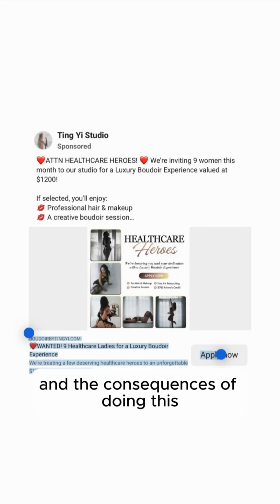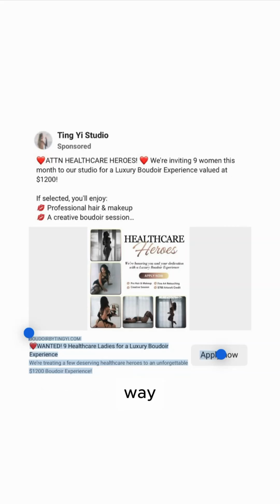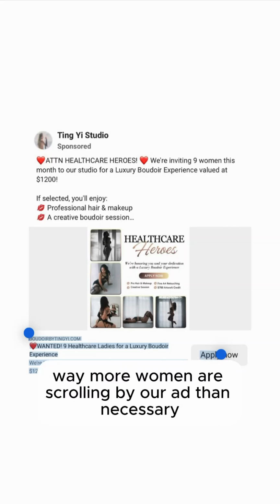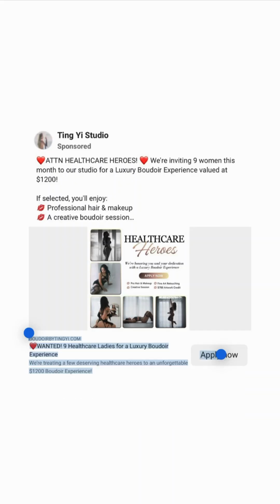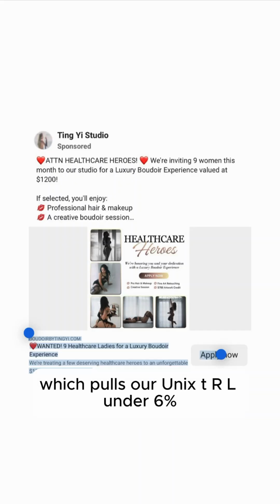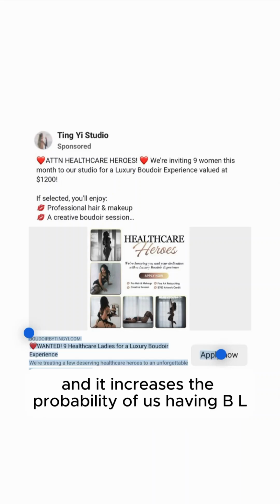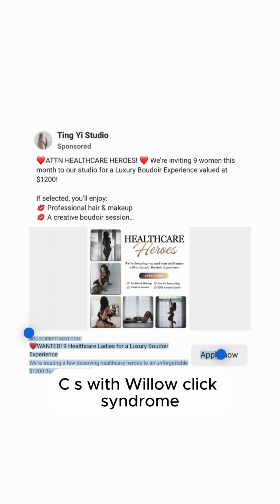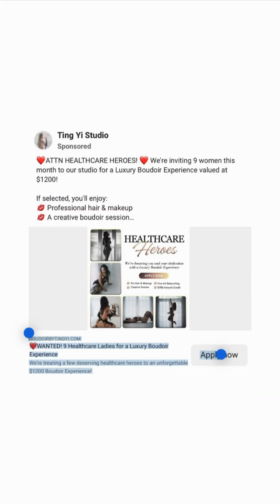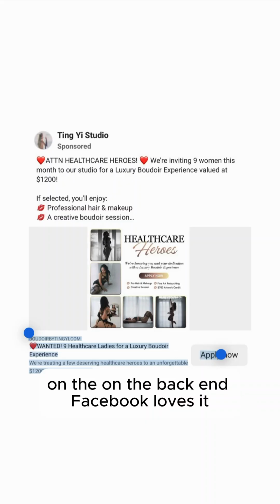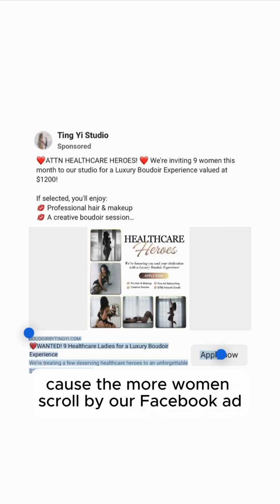And the consequences of making this mistake is way more women are scrolling by our ad than necessary, which pulls our unique CTRL under 6%, and it increases the probability of us having BLCS, Boudoir low click syndrome.